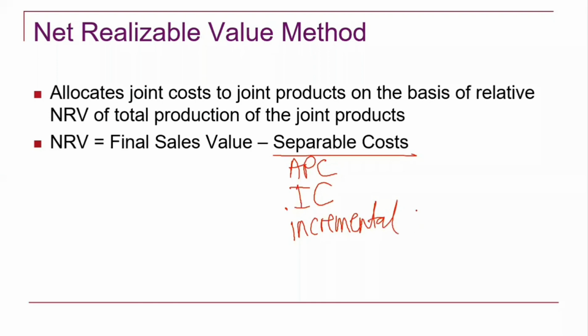So possible na ma-encounter natin yung mga terms na yan. So basta ang idea niya, additional processing cost. Lahat ng yan. Okay? So kung meron pang cost to sell, just in case na sasabihin, meron pang additional na cost to distribute, may commission, etc. So i-deduct din po natin yung mga cost na yan.